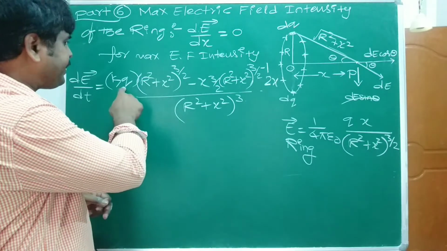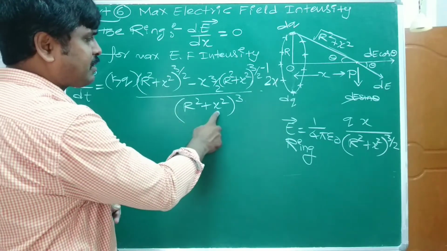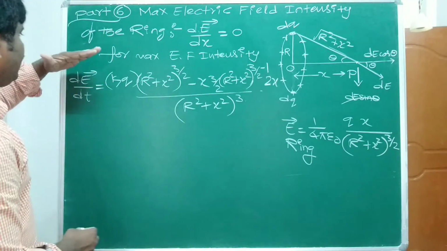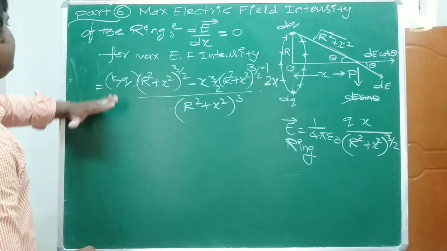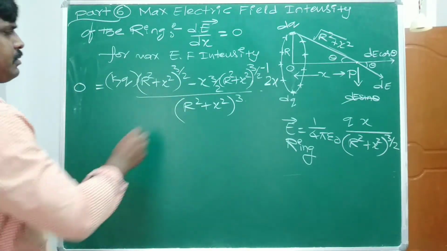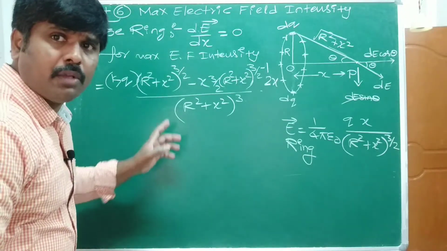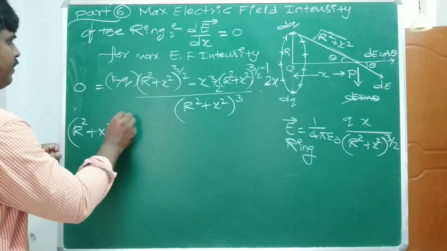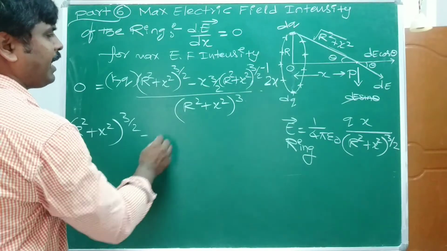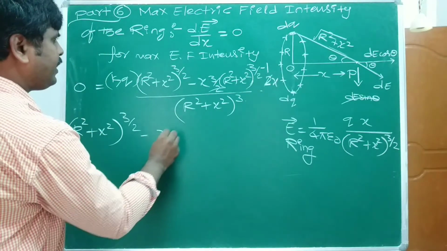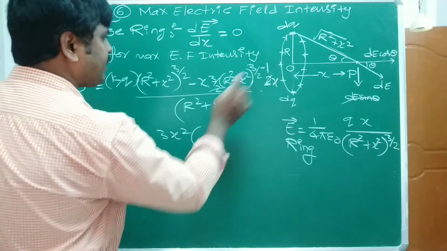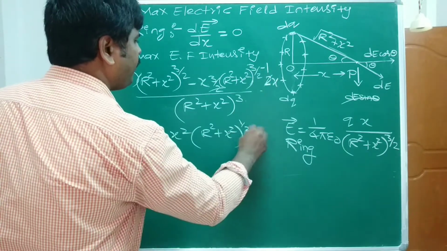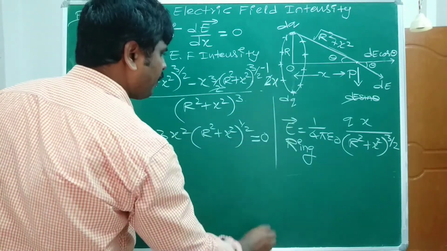Anyhow, this kq divided by r square plus x square whole to the power of 3 goes from the RHS to the LHS, but this value must be 0. Zero into anything is 0, so the remaining terms are r square plus x square whole to the power of 3 by 2 minus 3x square, since the 2 gets cancelled, x into x square, that is r square plus x square whole to the power of 1 by 2, equal to 0.